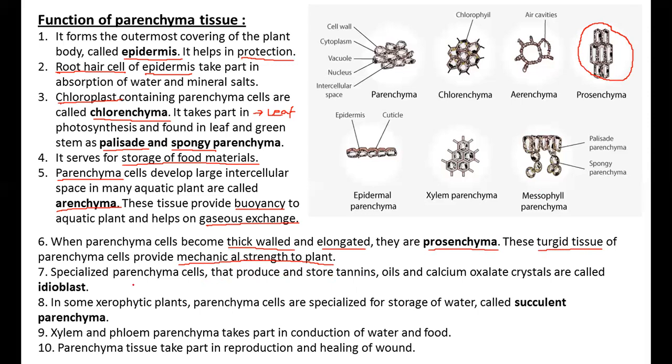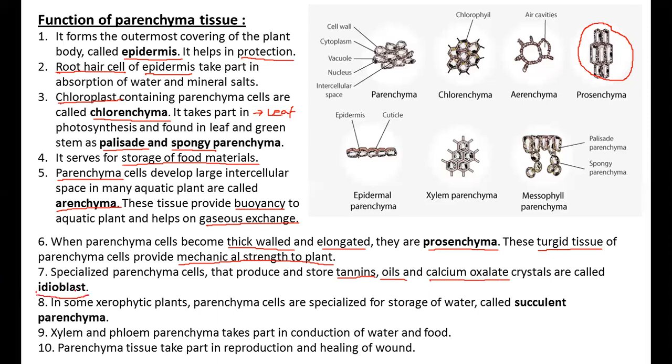Some other functions are also present in parenchyma. Here some parenchyma can also store tannin, oil, and calcium oxalate. These are actually excretion products or excretory waste material. They can be stored in parenchyma cells. This type of parenchyma is called idioblast.